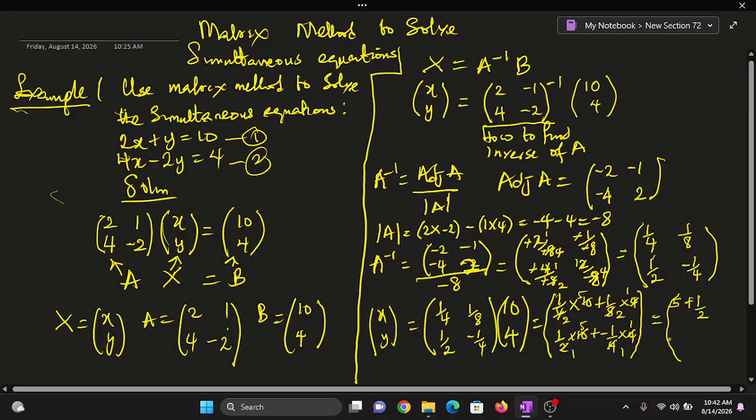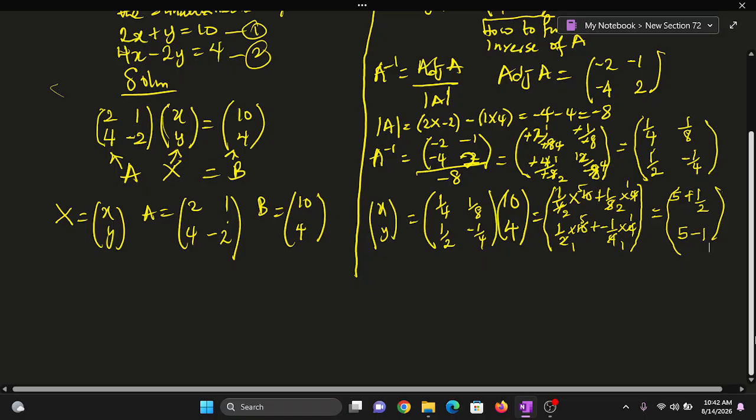So, and the other one we have 5 minus 1. So that means our resulting solution, when we simplify, we have x and y is equals to 5 plus 1 over 2 and 5 minus 1.